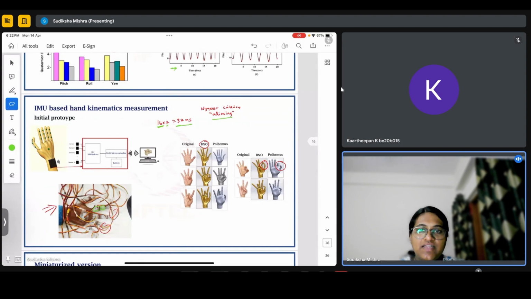There is something known as the Nyquist criterion, wherein whatever sampling you do, your sampling should be done at least twice the highest frequency.